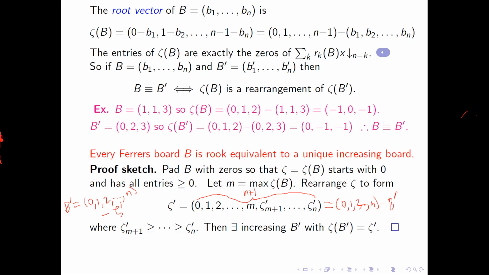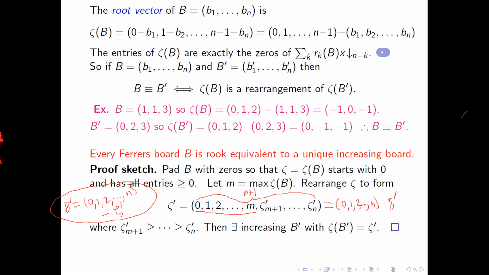And the first entry is going to be 0, but that's okay. And then you figure out what your board actually is. It's a beautiful thing. I'll leave it to you to think about why these things increase perfectly the way that they do up to m. But other than that, it's pretty clear you can get a b prime from there.